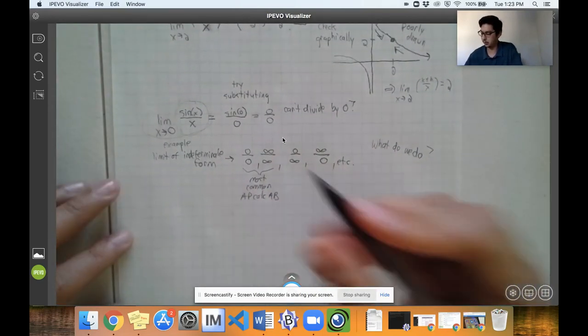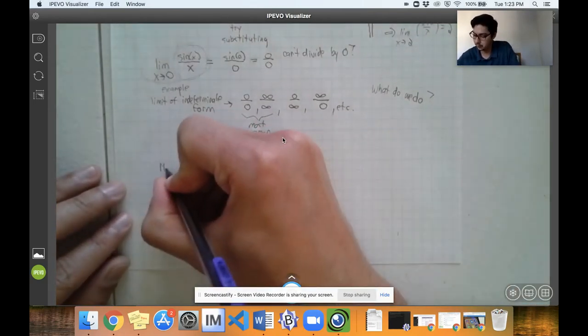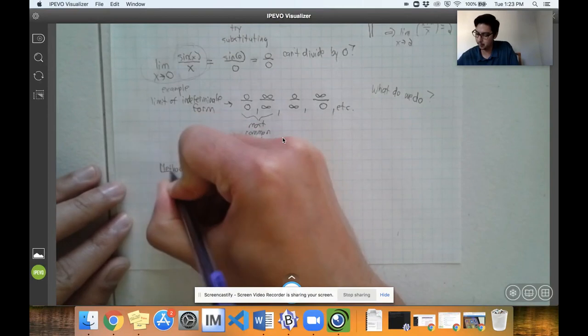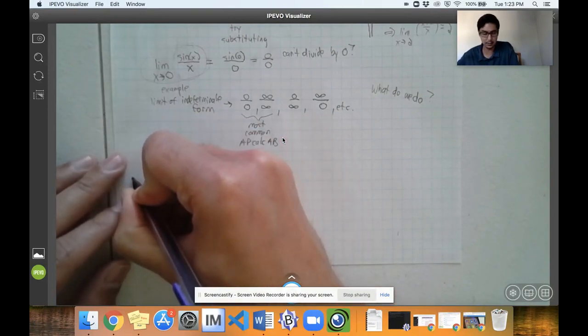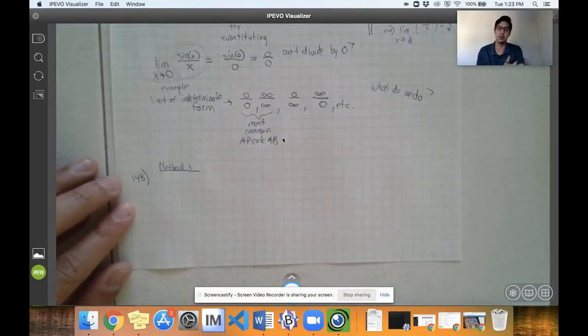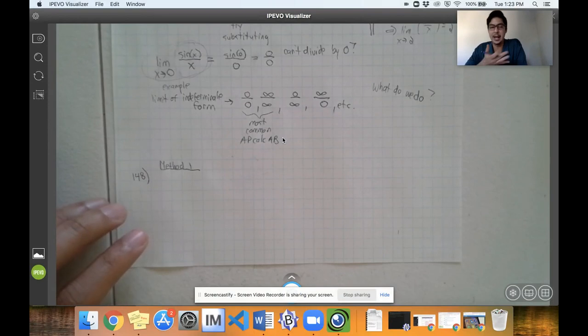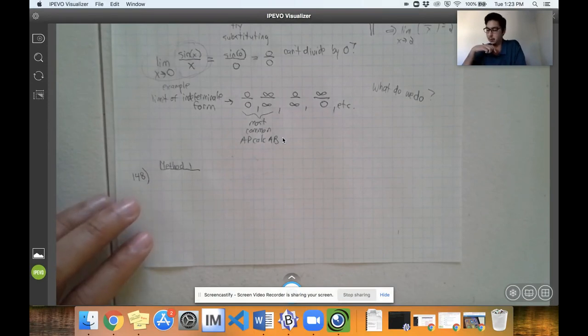So one approach you can do, method 1, and this is problem 148. You don't have to do it, but the problems that I did assign, 150 and 151, are going to ask questions from 148 and 149.